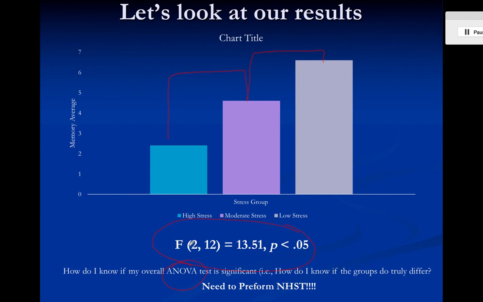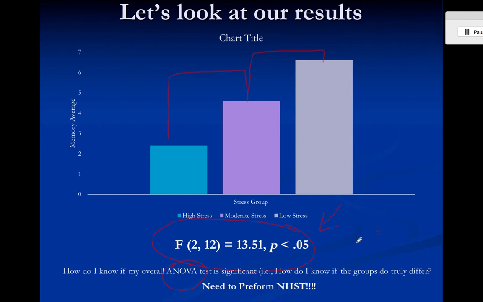I know that by looking at this here. Now you're probably thinking to yourself, okay, what does this format mean? This format is essentially indicating to the reader the groups differed. Which groups differed? I don't know. That's what I have at this point. So how do I know if my overall ANOVA test is significant? How do I know if the groups do truly differ? I look at this right here.